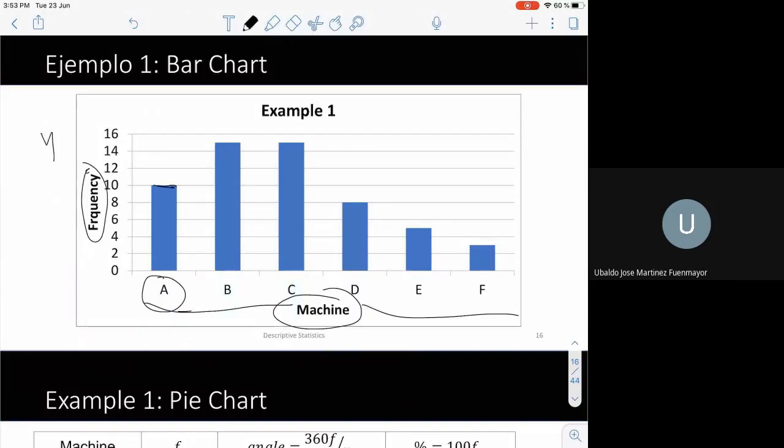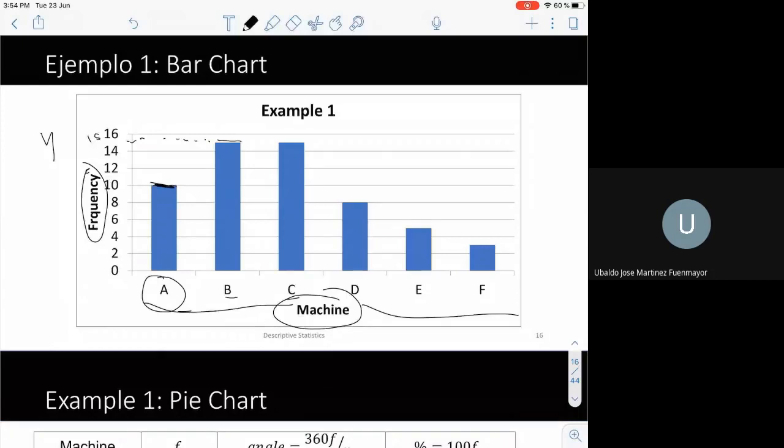So the frequency will give you the height of each bar. Then we have machines B and C, and we know that the height here, or the frequency, is 15. So using the frequency table, you will be able to create easily the bar chart.